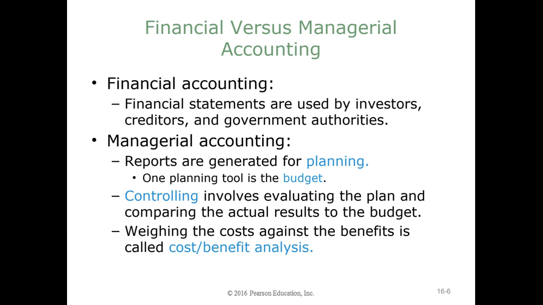So with managerial accounting, reports are generated for planning purposes, and one planning tool is the budget. We budget for the next year. If it's a new business just starting up, they may have a budget for the next year, or for the next month.